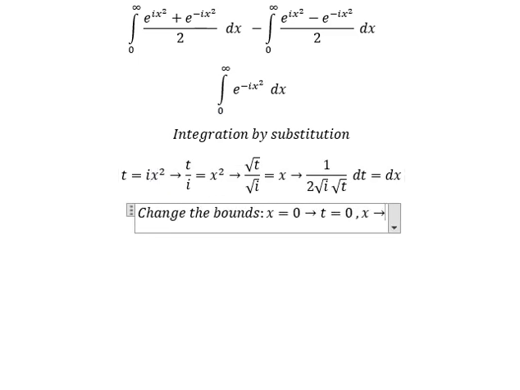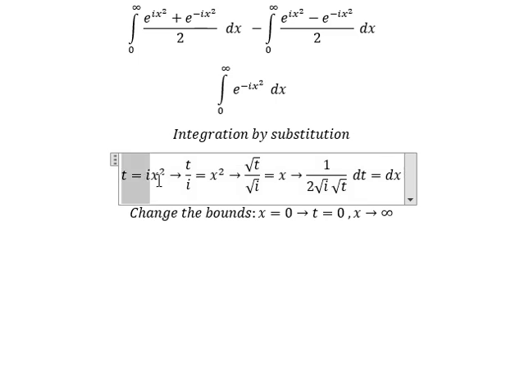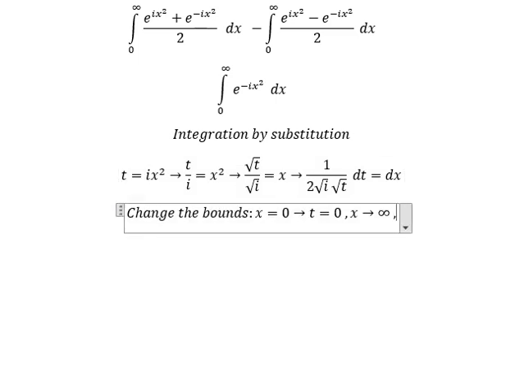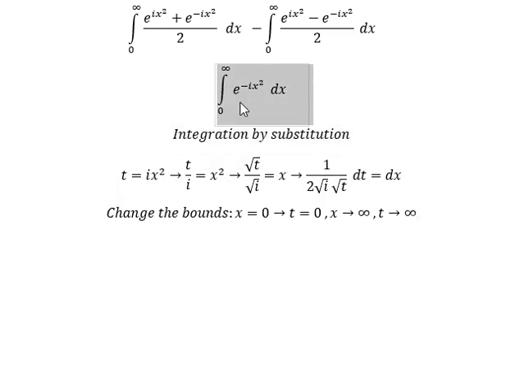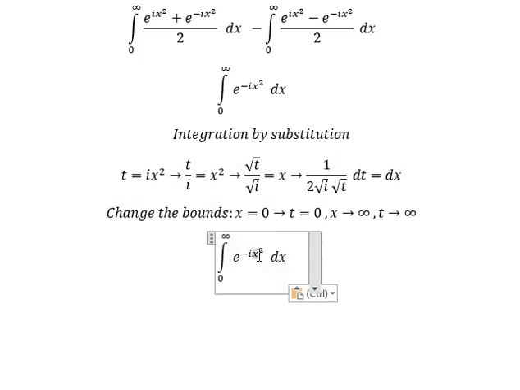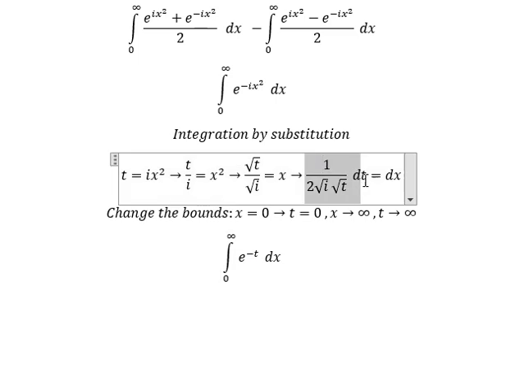When s approaches positive infinity, t will go to positive infinity in here. So the bound does not change. We keep the same bounds. Here we change by t, and ds we change by this one.